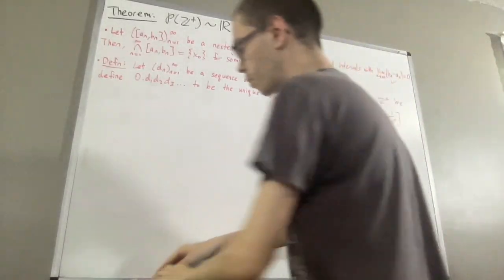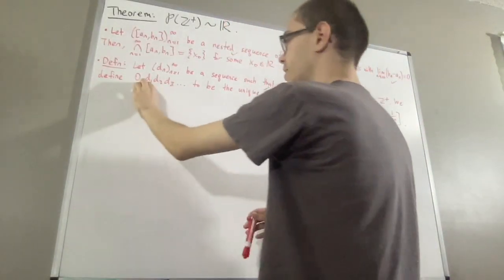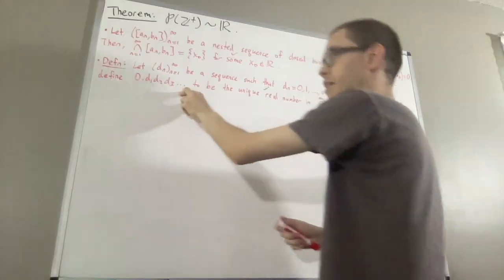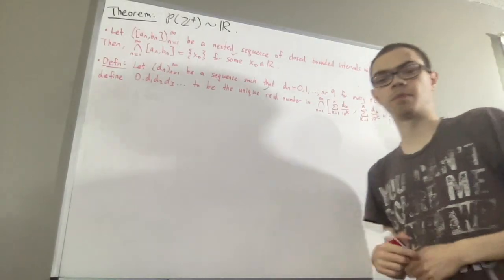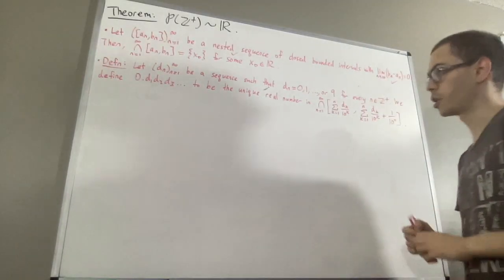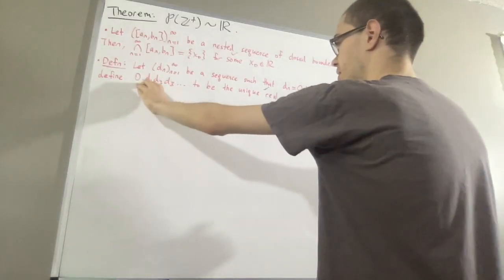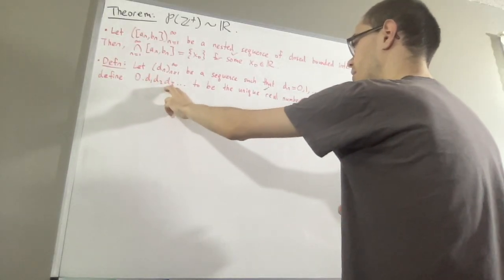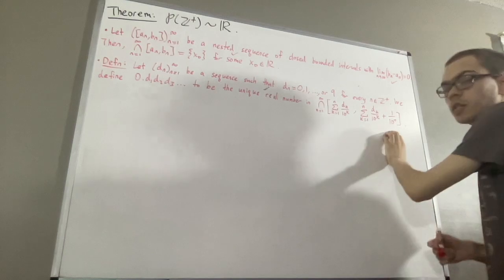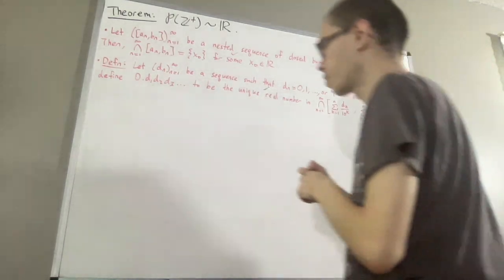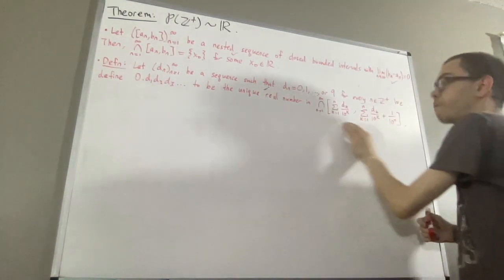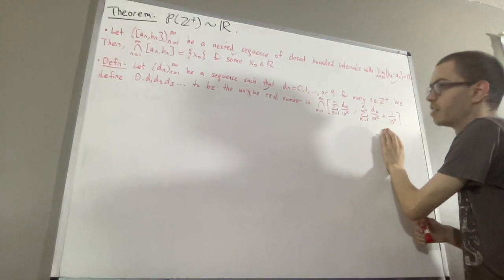Now, one last thing I would like to note is that 0.d1 d2 d3 ... is actually a real number between 0 and 1, right? And you could prove that because 0.d1 d2 d3 ... belongs to every single one of these closed bounded intervals. So in particular, it belongs to the first one, right?